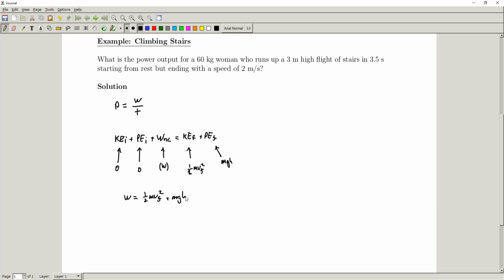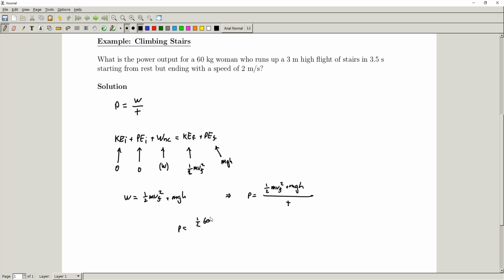Okay. And then really it's just a matter of substituting this into our power equation, and so we end up with the power output that this woman achieves is 1/2 mvf squared plus mgh all over t. And then we just need to substitute in numbers. So maybe I'll just quickly write it out. We end up with 1/2, her mass is 60 kilograms.